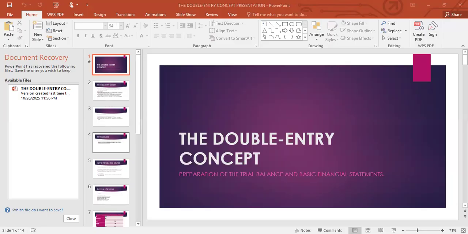Now, what I want us to do today, we're going to deal with the double entry concept. The double entry concept. And if I may ask, class, who can explain briefly what double entry concept is?